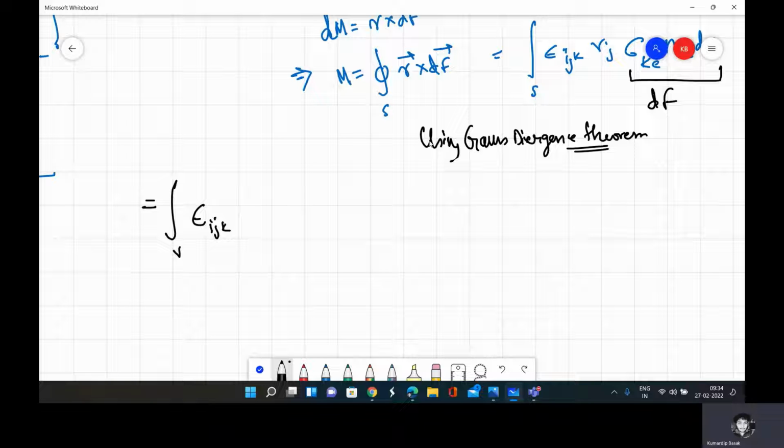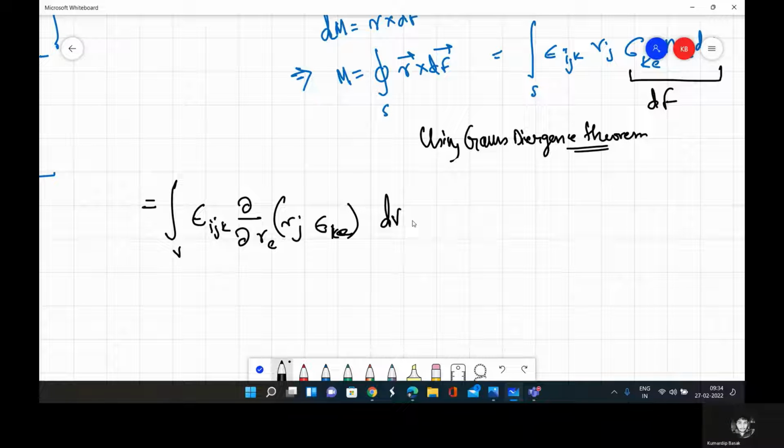Now the divergence of this quantity will become, in index notation, del by del r_e of r_j into sigma_ke, into dV. Here r_e is the coordinate axis that we are taking, and we are taking the divergence over it.